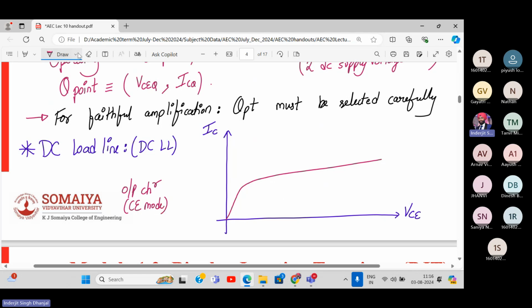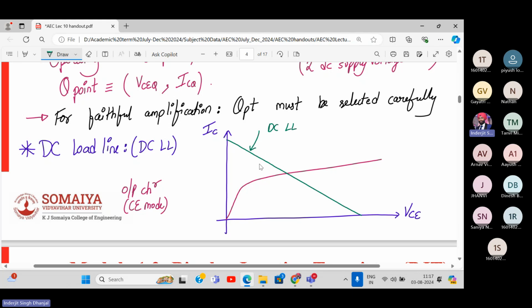Yes or no? Then you have something called a DC load line, which is plotted in the output characteristics. And the DC load line will look something like this. Here it is. This is called the DC load line. Now, how it is plotted, we will see exactly when we study the biasing circuit.